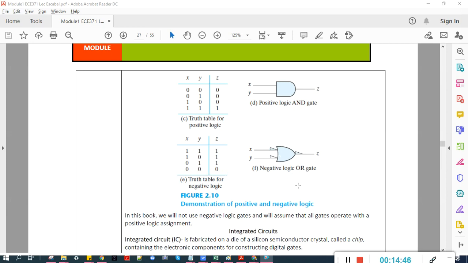Using the OR symbol because if we look at the truth table, this is the OR operation, right? When there is one in either or both of the inputs, then the output is 1. And that is the usual OR gate that we know, except that this is used for negative logic, so we add these triangular symbols to the signal lines of X, Y, and Z.